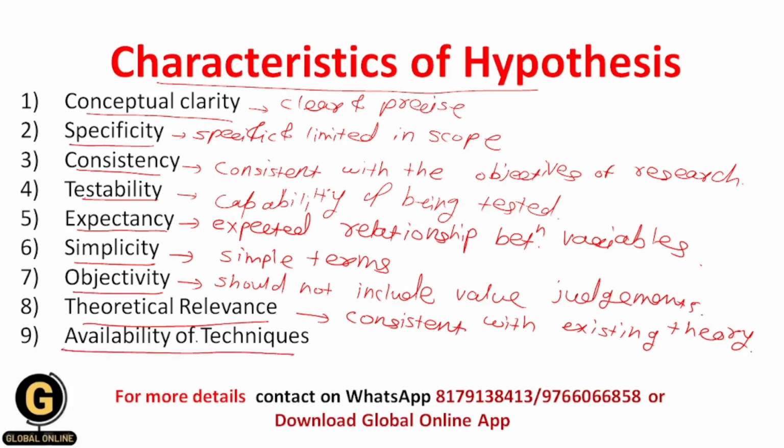And next is availability of techniques. Whenever you are stating the hypothesis, there should be statistical methods available for testing the proposed hypothesis. So these are the characteristics of a hypothesis.